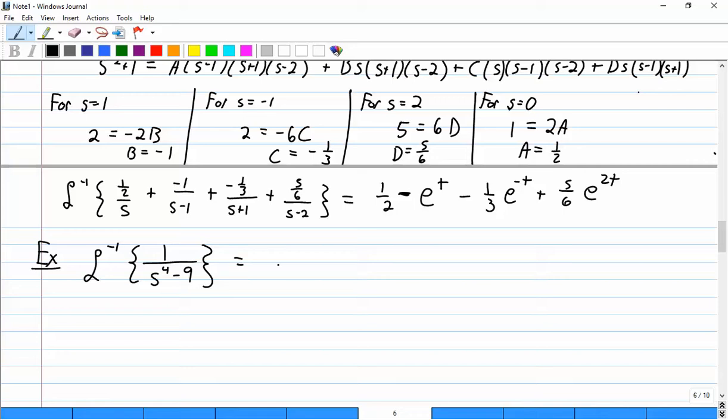Well, the first thing I have to do is factor that. So s to the 4th minus 9 is s squared plus 3 times s squared minus 3.